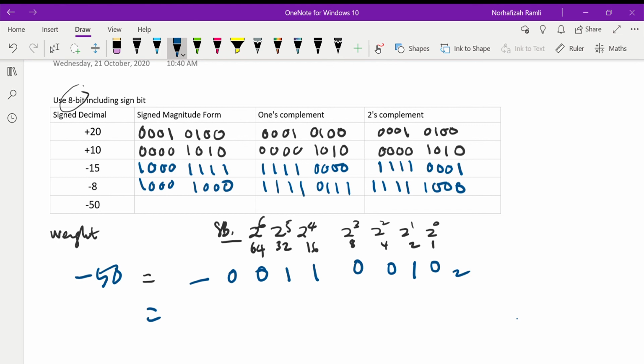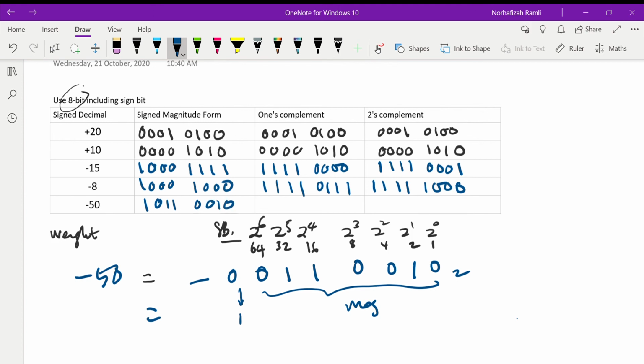Now if you want to do sign magnitude form, as I said, simply take the whole magnitude and change the sign into 1. So that means I can just do it as here 1, 0, 1, 1, 0, 0, 1, 0.